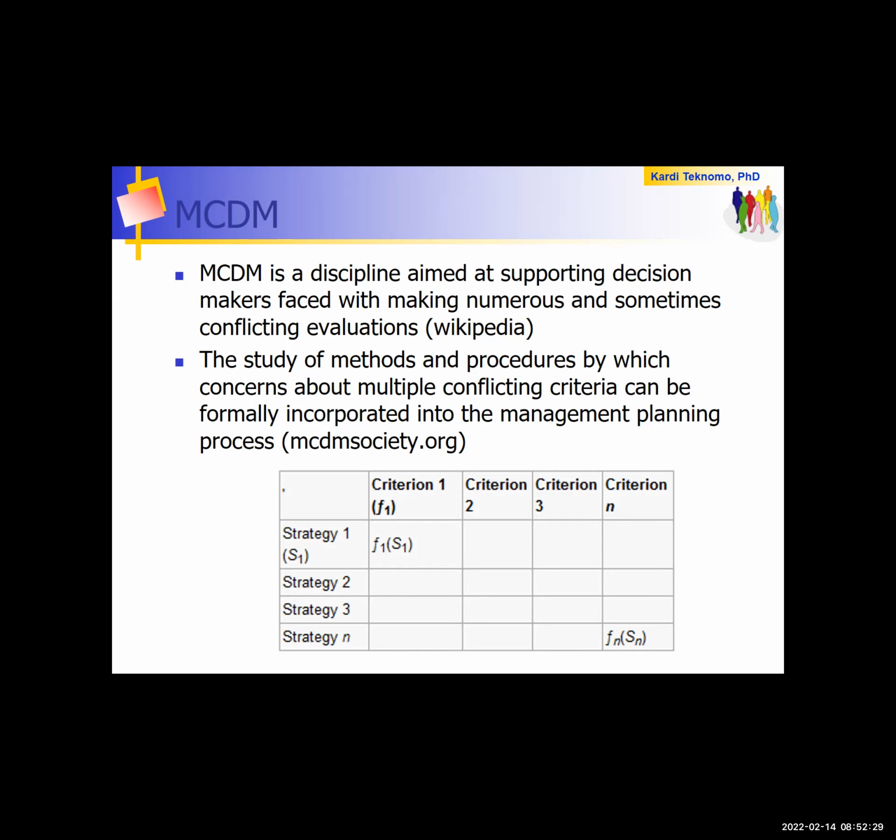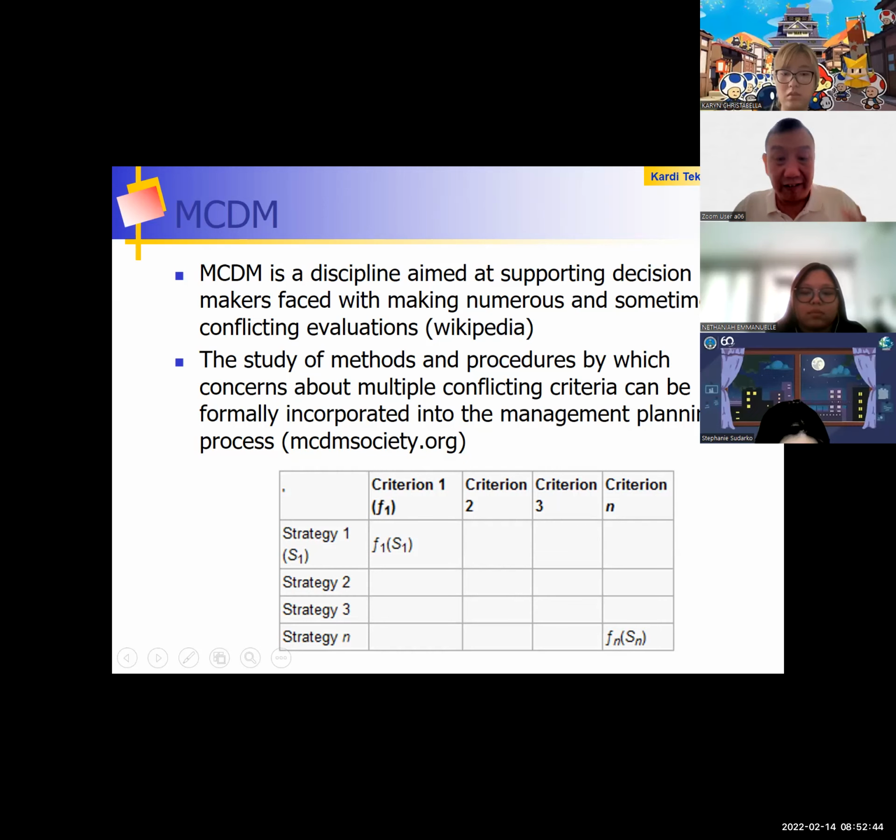Then you create a certain function for each strategy and the score for the criterion, and at the end you want to get the result of which strategy is the best among all these criteria. You can just sum all of this.